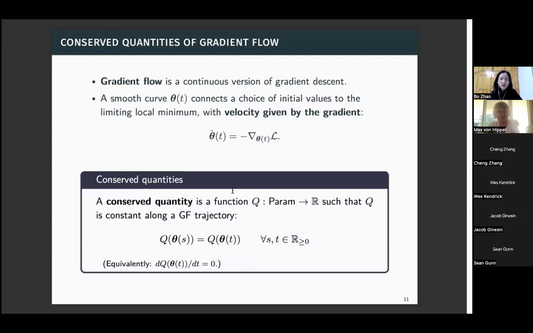A conserved quantity is some quantity that doesn't change along a gradient flow trajectory. So theta here is the parameters, and theta s and theta t are the values of the parameters at two different times along the gradient flow trajectory. If q is conserved, then q at all times should be the same. In other words, the time derivative of q is 0.